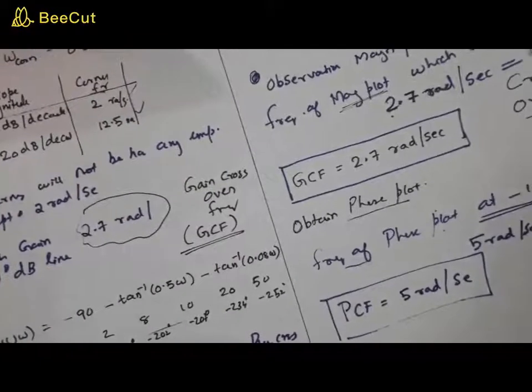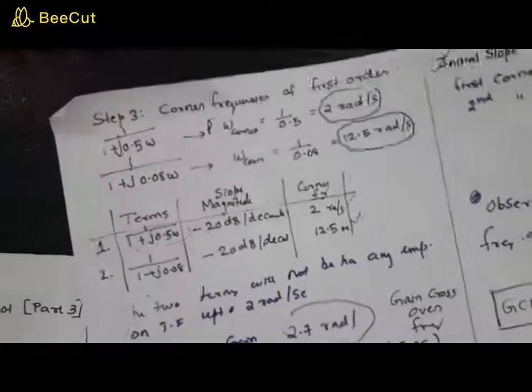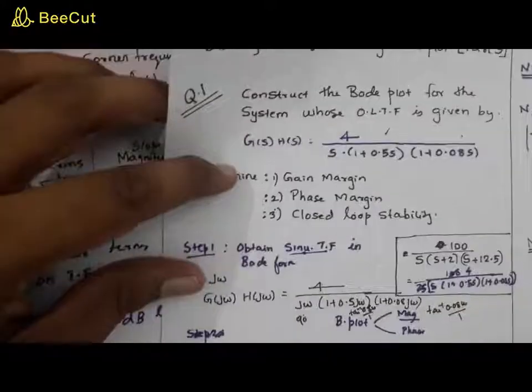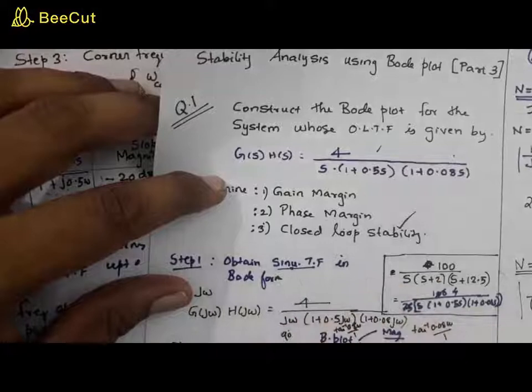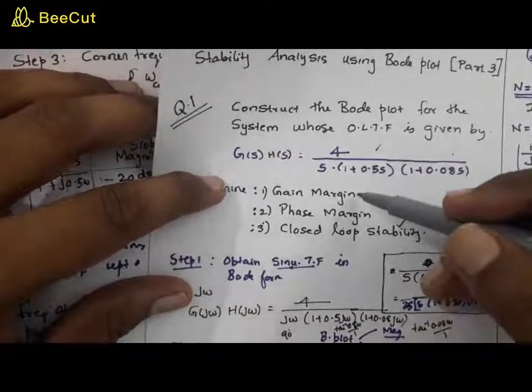Now from this observation, we have in our question the gain margin and closed loop stability. Now I'm going to tell something about the closed loop stability. In the next session we will understand what this gain margin and phase margin are.